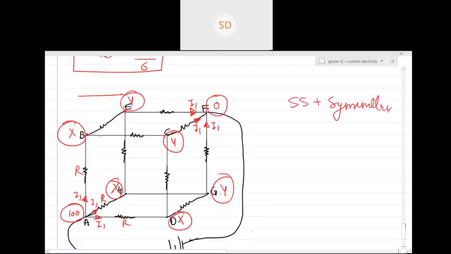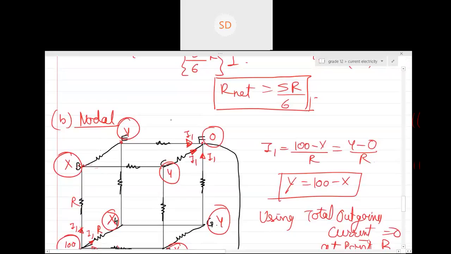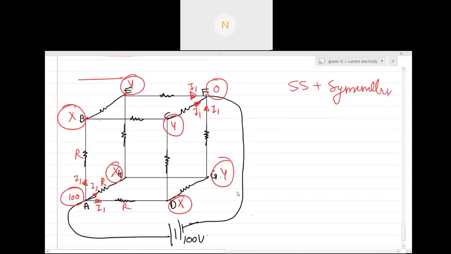Guys, in the previous one we did what? We did nodal plus symmetry, right? Yes, sir. Here we are using SS plus symmetry. Once you are done with X and Y, what to do now? How many different points? 100, X, Y, 0. 4 different points, right? 100, X.